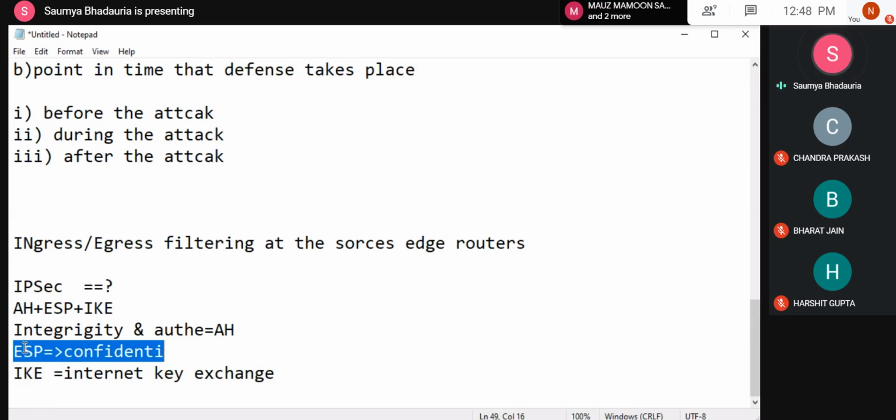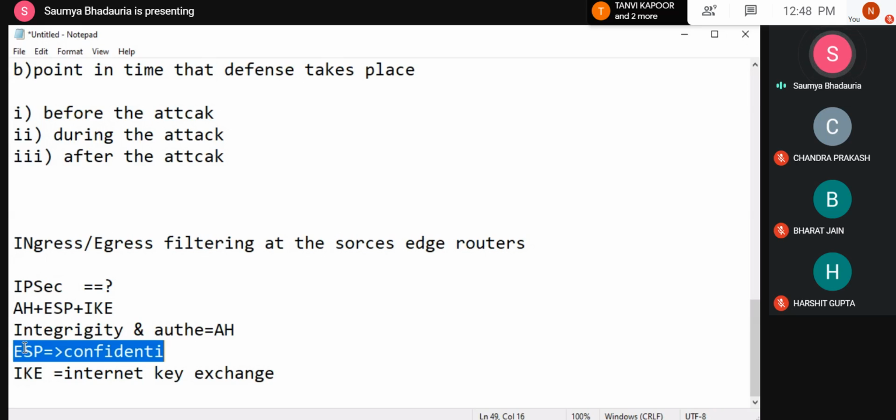If A and B need to communicate, they agree upon certain algorithms with which they send the packets, and they do not want to do further authentication again and again for receiving and sending packets. So the IP address spoofing problem is rectified because the authentication of the source addresses of IP packets is done in the IPsec protocol.